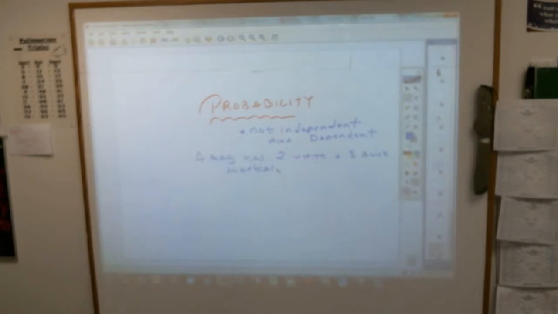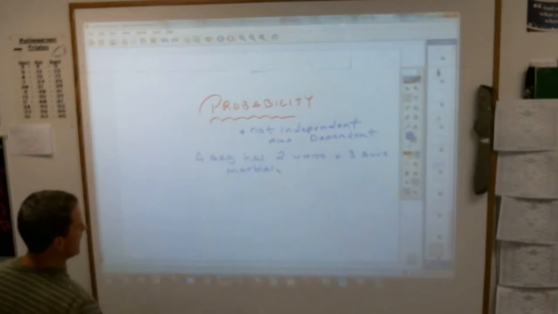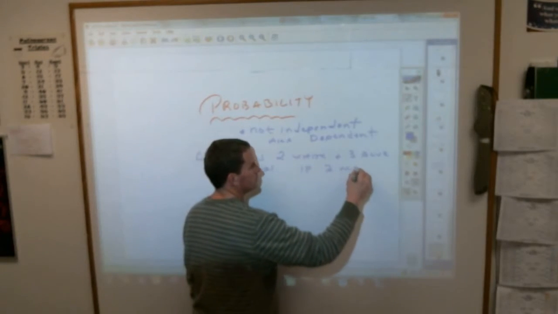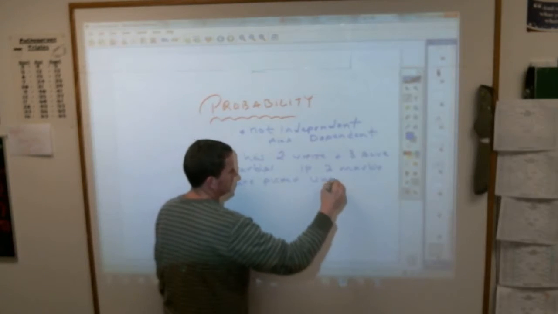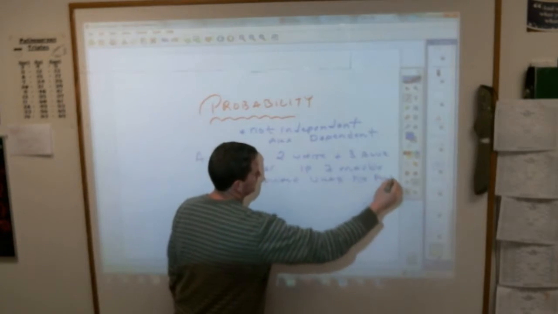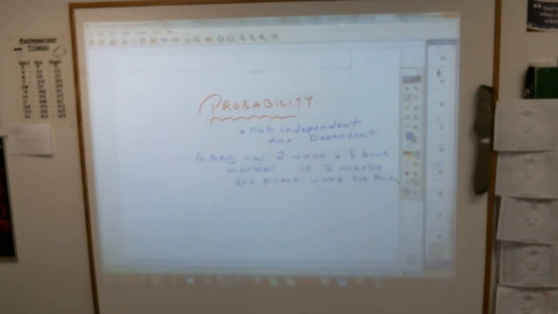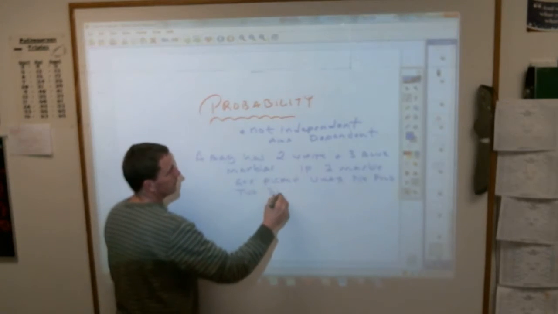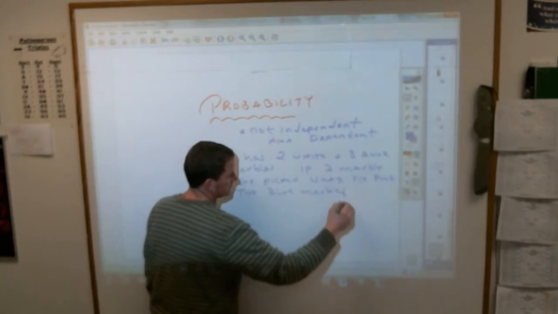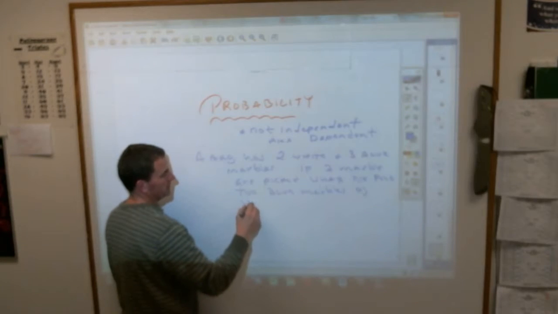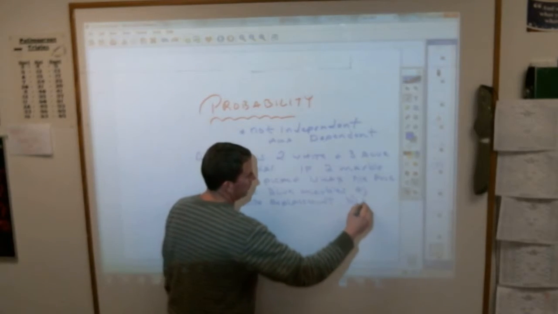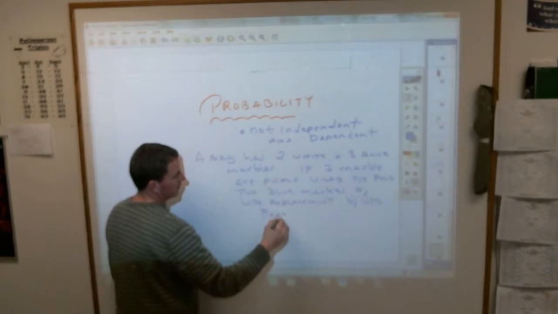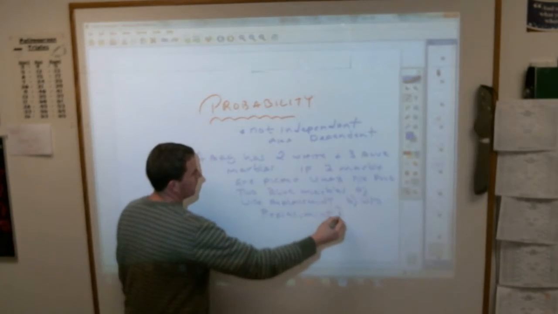What's the probability if 2 marbles are picked, what's the probability of selecting 2 blue marbles, A with replacement, and B without replacement. And we'll talk a little bit about that.